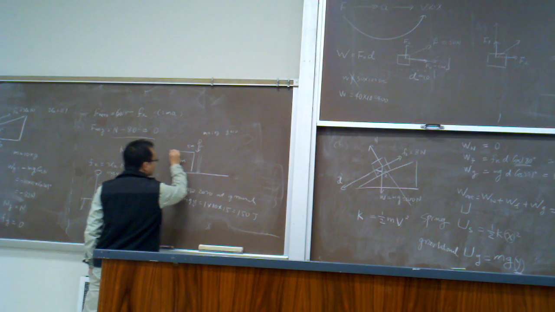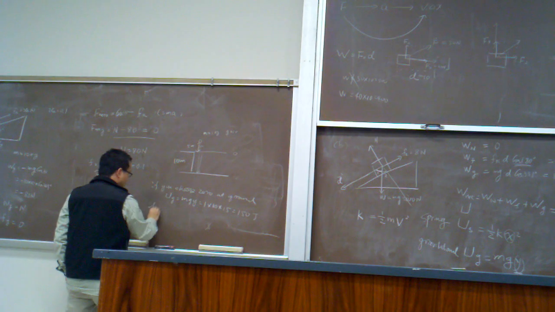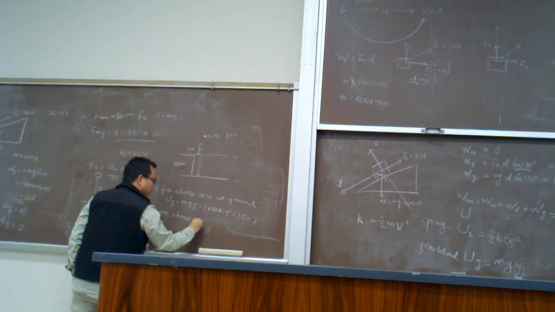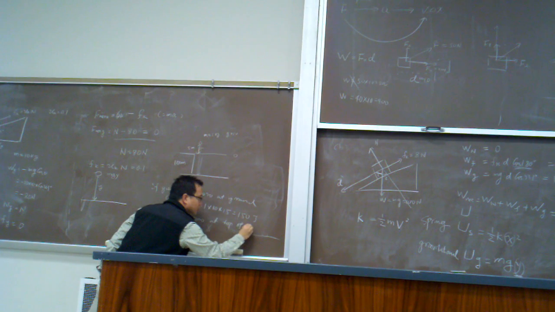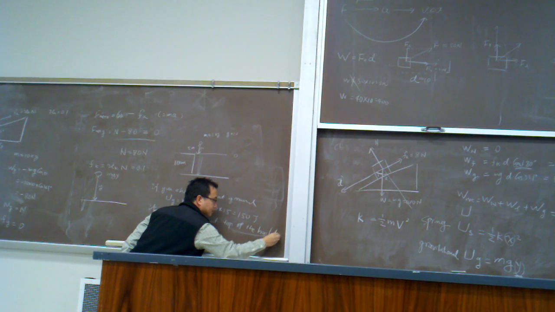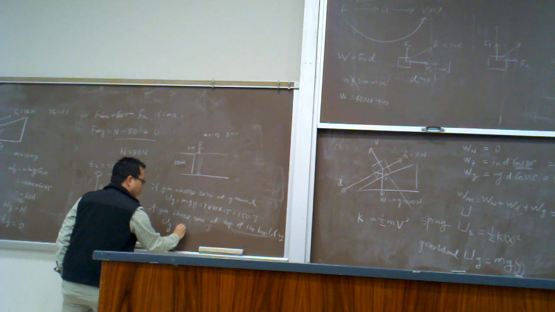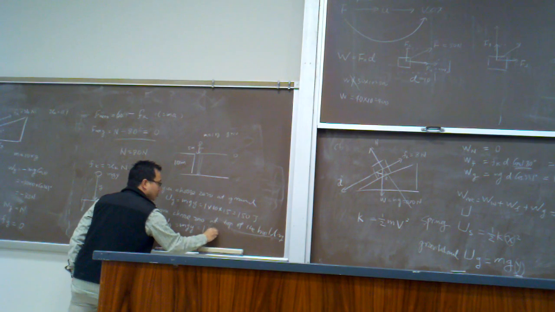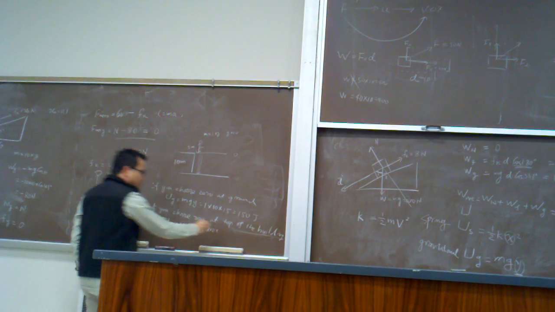And you can choose any point as your zero. For example, if you choose the top of the building as your zero, let's calculate: Ug equals mgy equals 1 times 10 times the height measured from the top of the building, 5 meters.